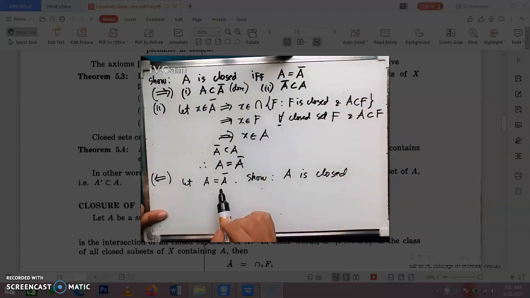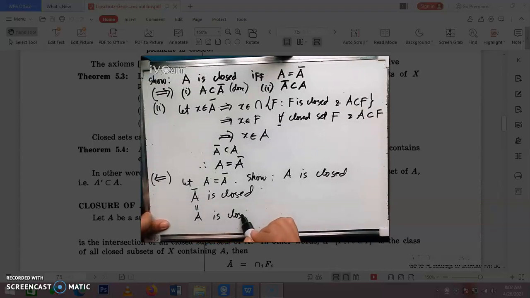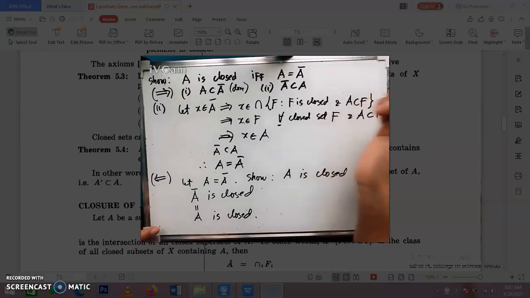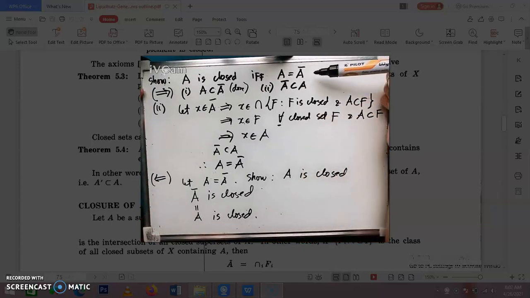Now take note, we're done proving already that A closure is closed, right? A closure is closed. Since A closure is equal to A, therefore A is closed. So, we're done proving this if and only if statement.